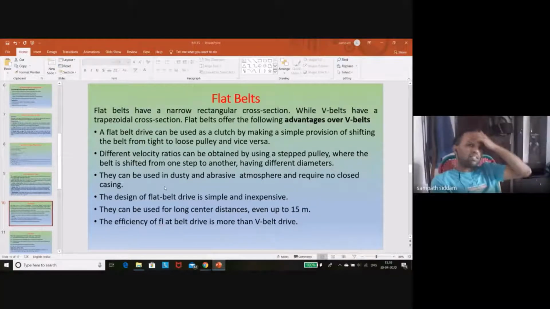The first advantage is that it can be used as a clutch by making a simple provision of shifting the belt from the tight to the loose pulley, and vice versa. Such a case is in automobiles, where you have engaging or disengaging. In clutches or automobiles, the flat belt is usually used where you have a cooling system.